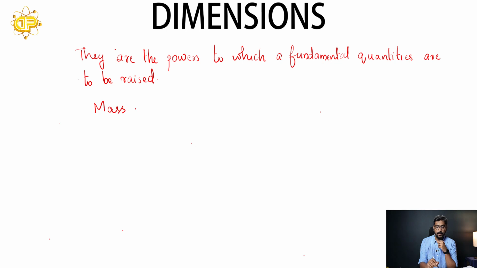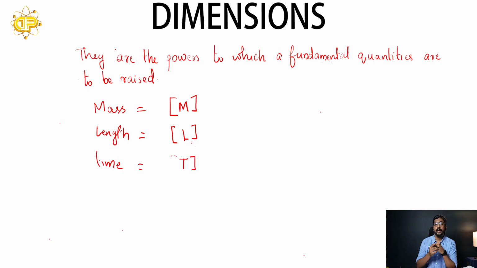Mass can be represented as a capital M with a square bracket. Length can be represented as capital L with a square bracket. And time, in dimension form, can be represented as T with a square bracket. We are going to represent almost all physical quantities in terms of this M, L and T, and we say that these are the dimensions of that particular physical quantity.